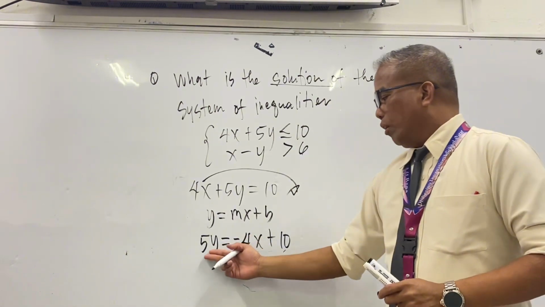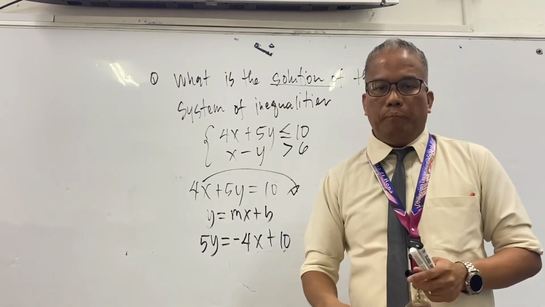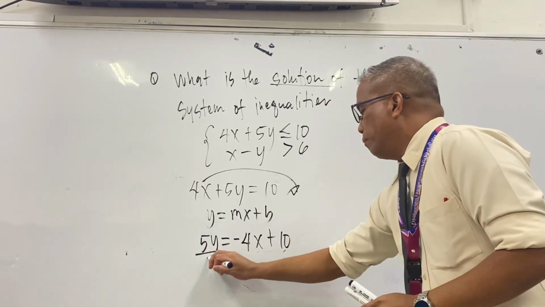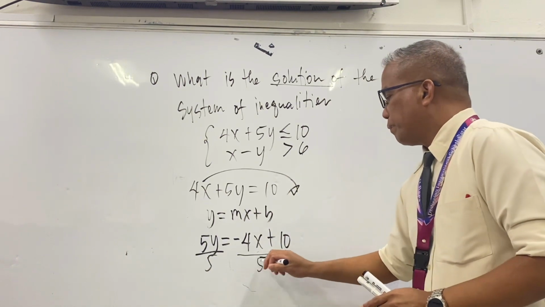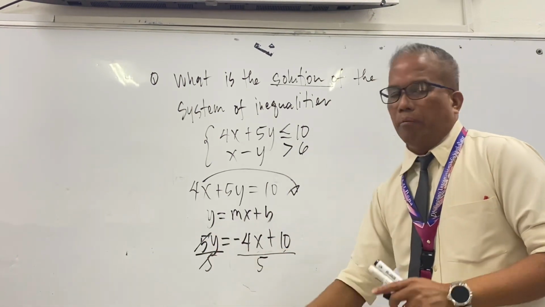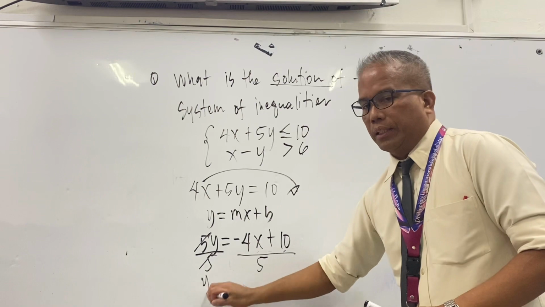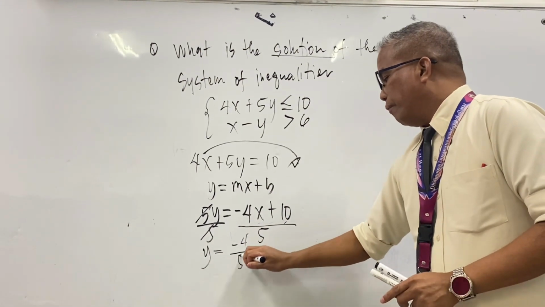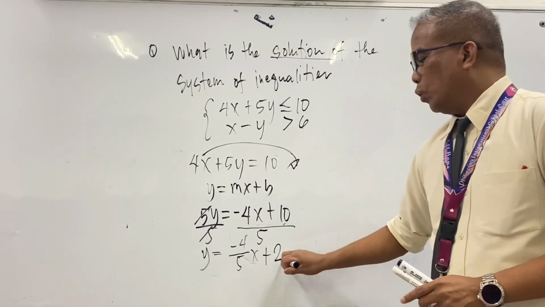And then to remove 5, we will divide both sides by 5. Cancel this, it will become 1, then y equals negative 4 over 5x plus 2.